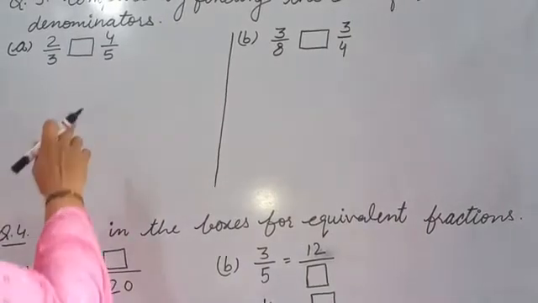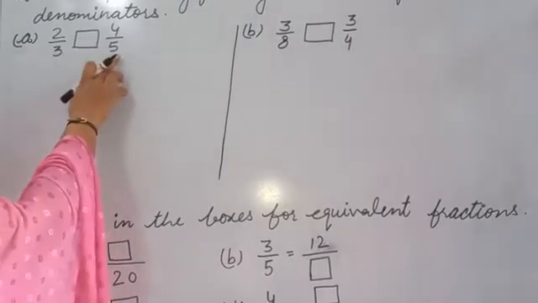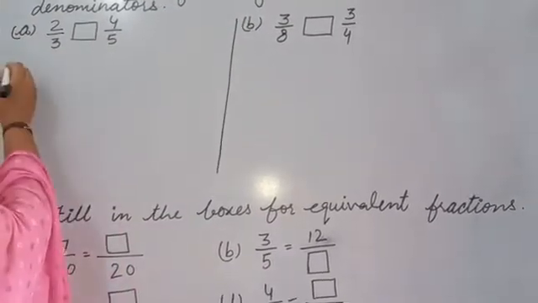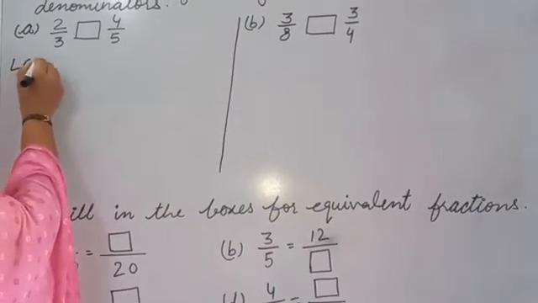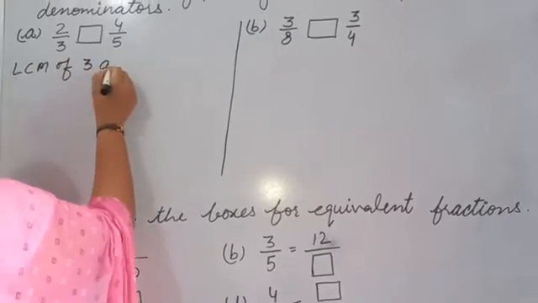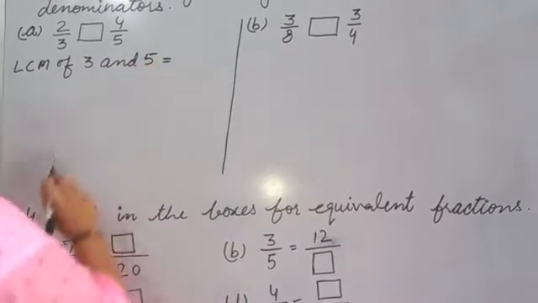Firstly we find LCM of denominators. So in the A part you have denominators 3 and 5. There is 2 upon 3, there is 4 upon 5. So LCM of 3 and 5. Now listen carefully.